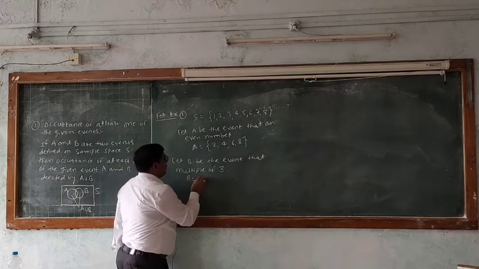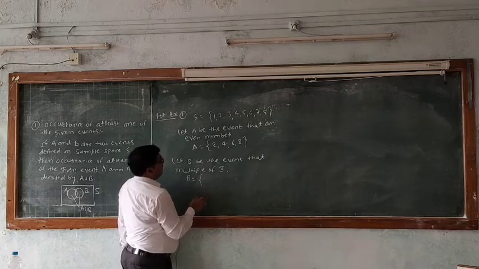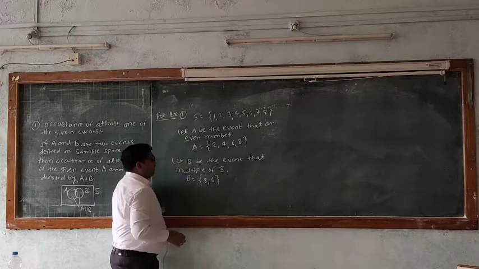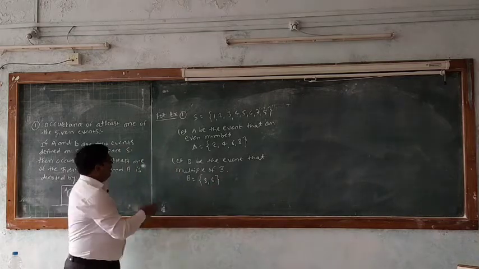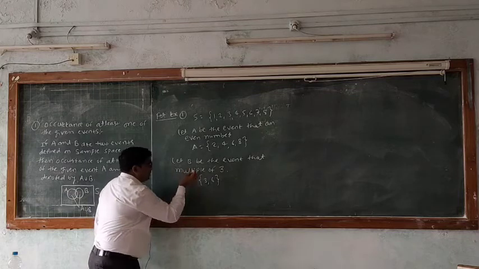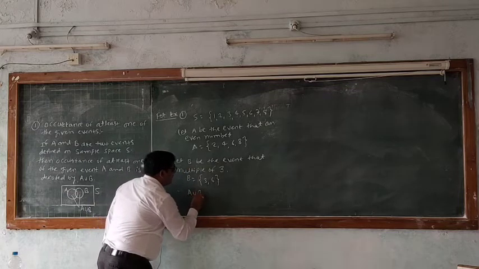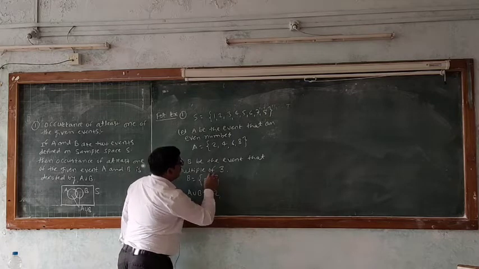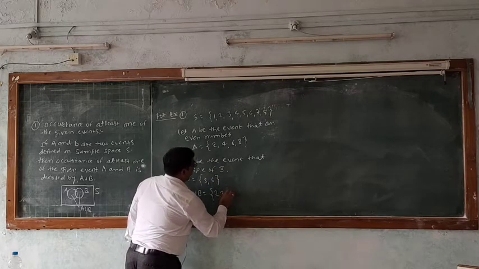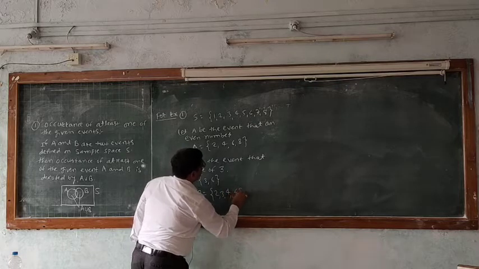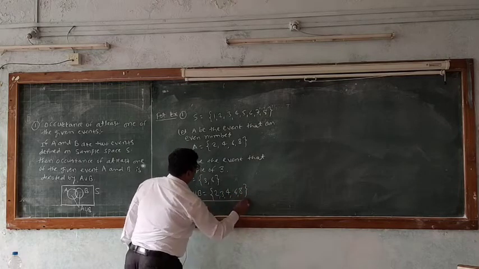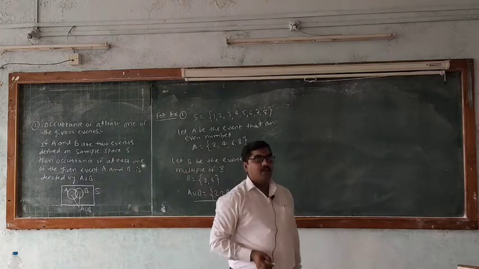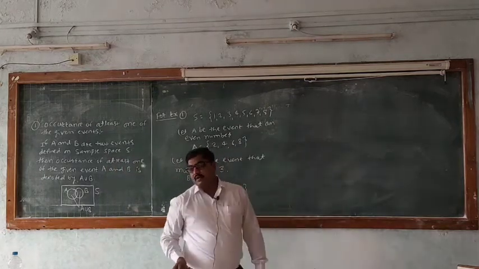So B equal to 3, 6, right? Now if we take the union of these two, A union B is equal to 2, 3, 4, 6, 8. This is your A union B, right, student?